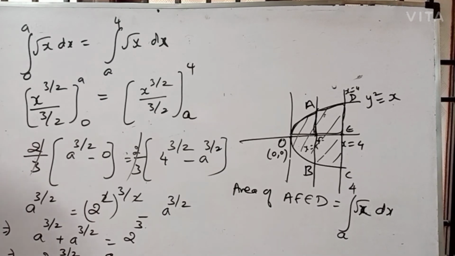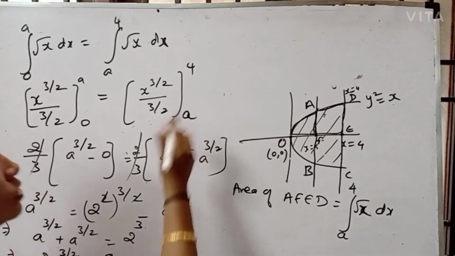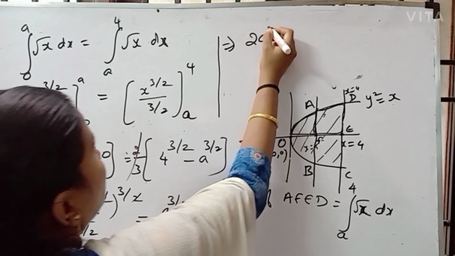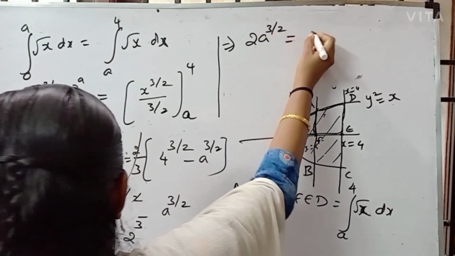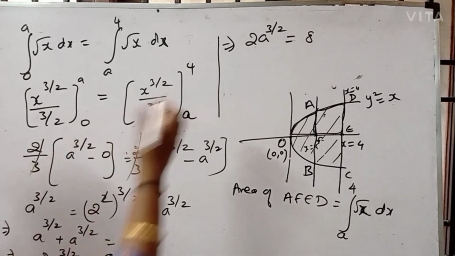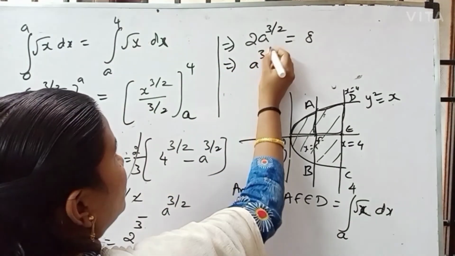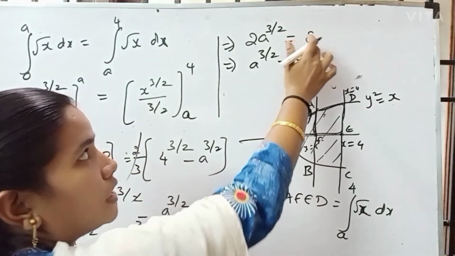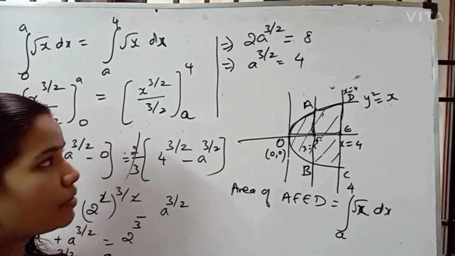A plus a is 2a. So 2 times a to the power 3 by 2 is equal to 2 cube, that is 8. This implies a power 3 by 2 is equal to 4. That is, this 2 when it comes here becomes 8 divided by 2, so it will be 4.